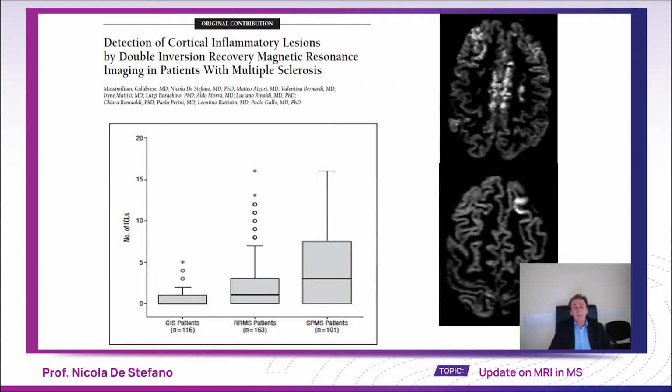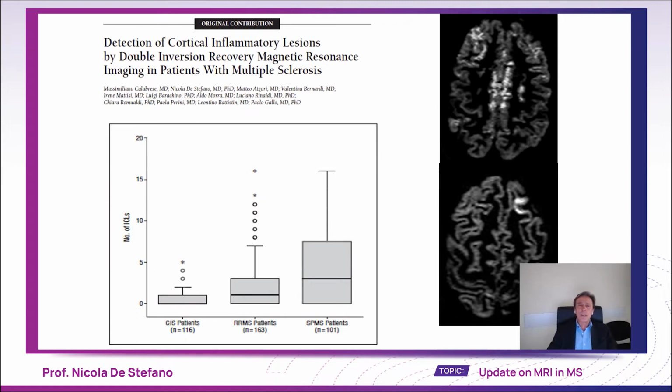It's definitely important in making a differential diagnosis, for example, because not many pathologies can show cortical lesions, and usually these are definitely more frequent in patients with MS than in other possible disorders.